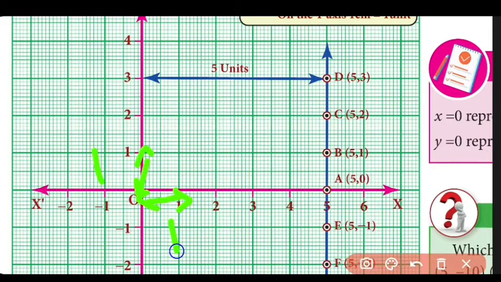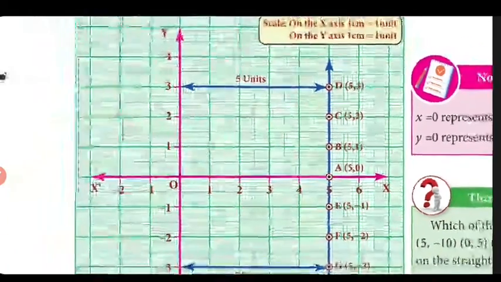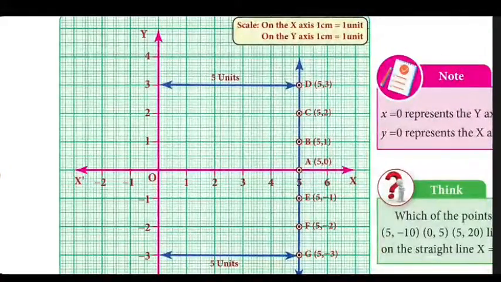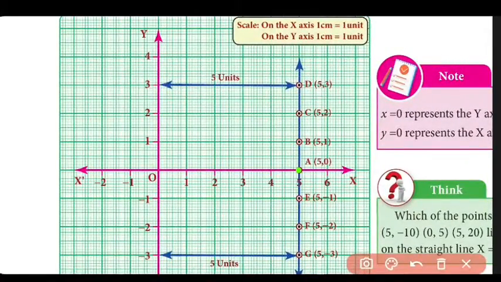Okay, so here is the graph for x equal to c. x equal to c is nothing but we draw a straight line at x point 5. So straightly draw the line. This line is considered as x equal to 5.